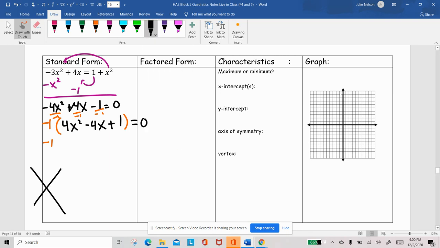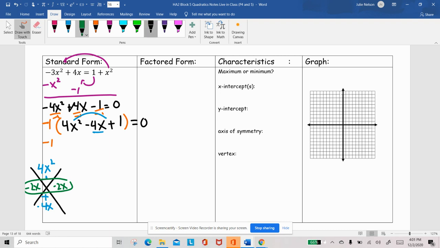And I'm going to go, what times what makes 4x squared and adds to negative 4x? So if I take a look at this again, what times what makes 4x squared and adds to negative 4x? Well, hopefully you go, it's negative 2x and negative 2x.